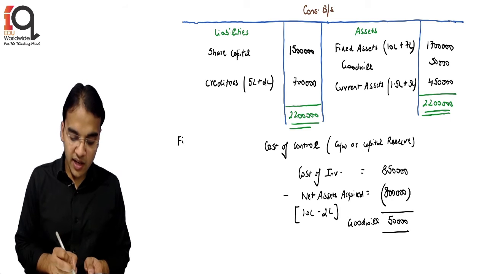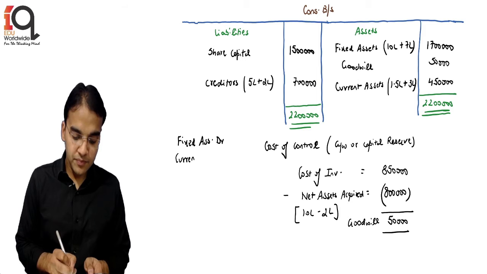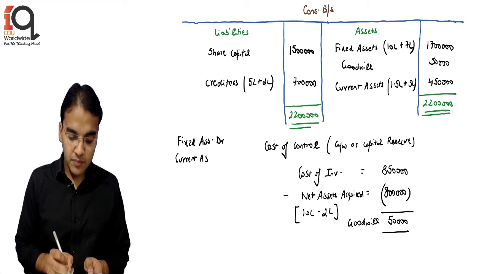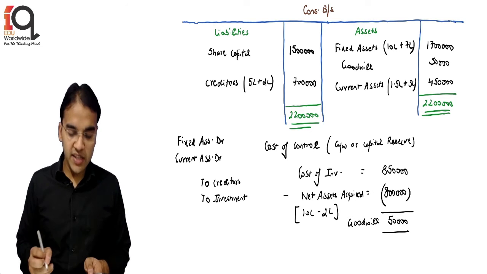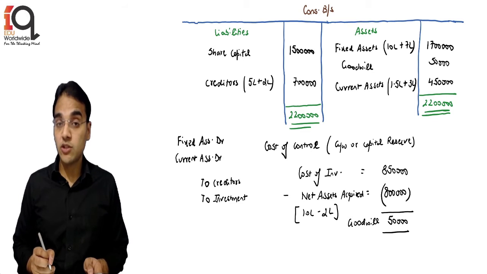Fixed assets account debit, current assets debit, to creditors, to investment. So I have replaced the investment in my books with the net assets of the other company.